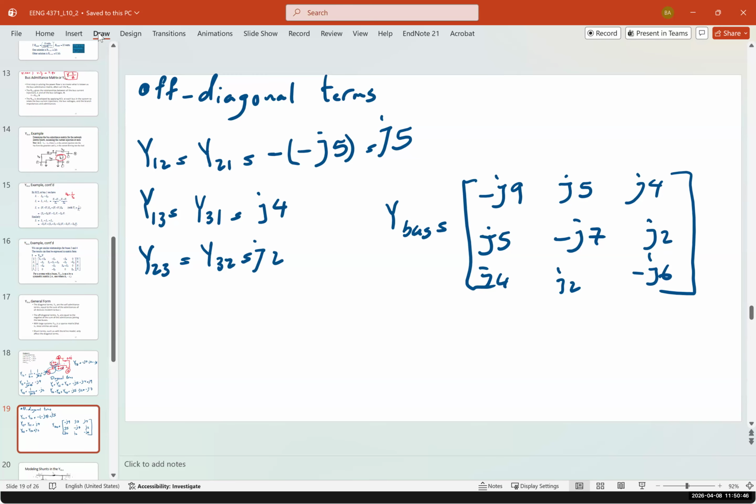So as you can see here, in an admittance matrix, these are the self-admittances, and these are exactly copied. So if you find the upper half, the lower half, because y12 is equal to y21, y13 is equal to y31. So it's a symmetrical matrix, as mentioned.